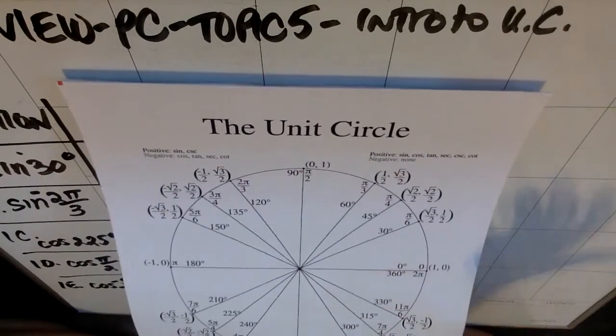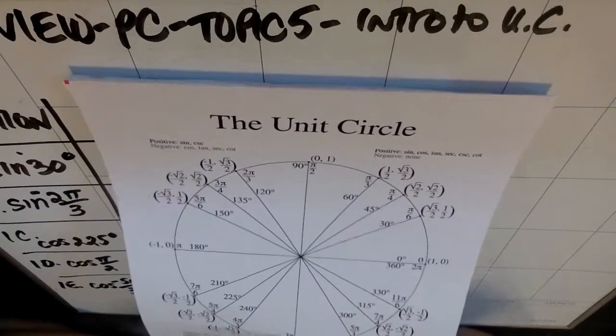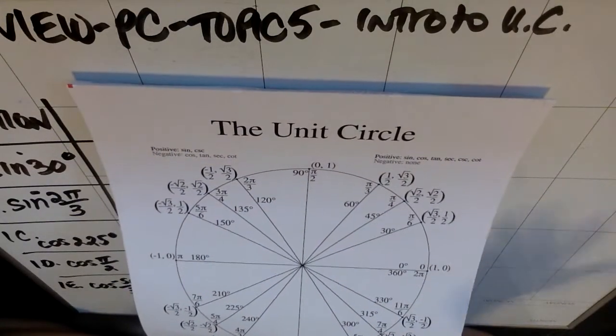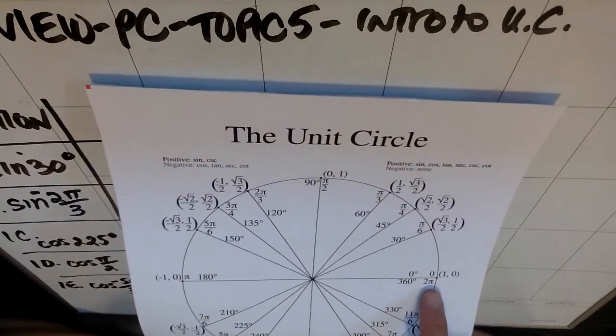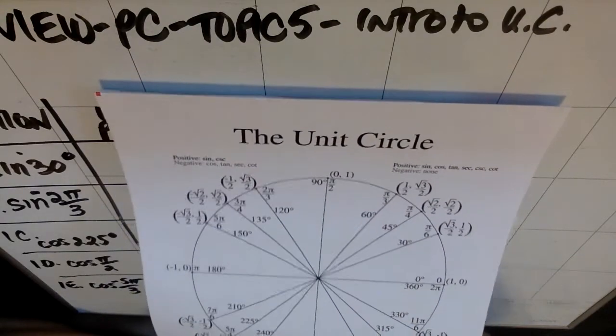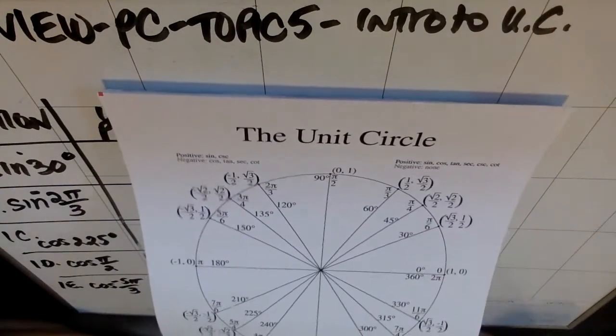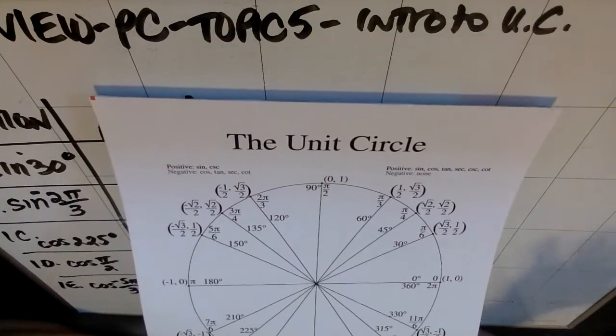One easy way to find a coterminal angle is to add or subtract multiples of 360, meaning full circles, if you're in degrees, so 360 degrees, or 2 pi if you're in radians, because 2 pi is one full circle in radians.